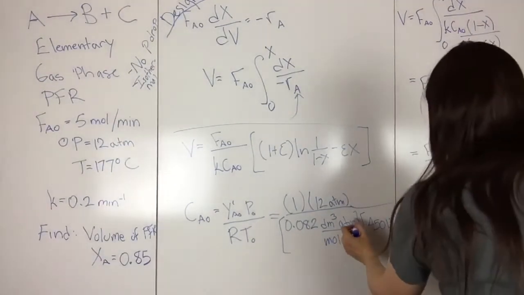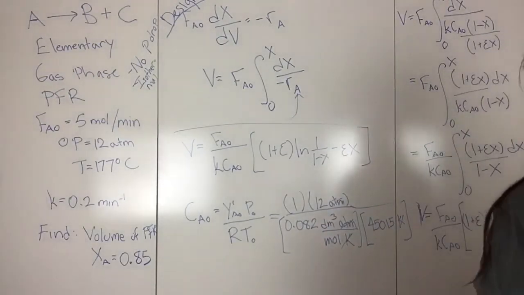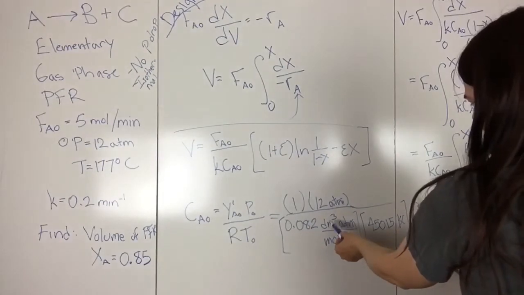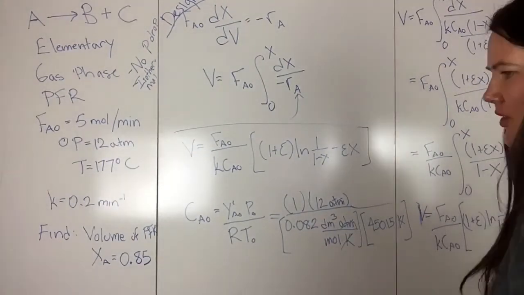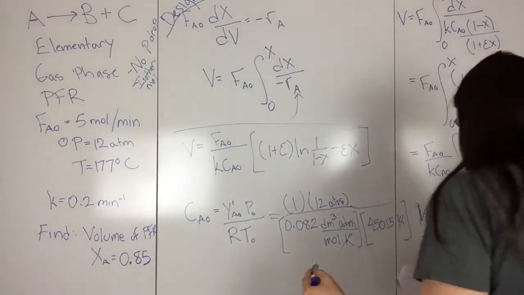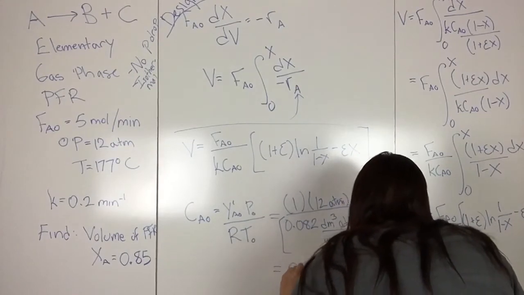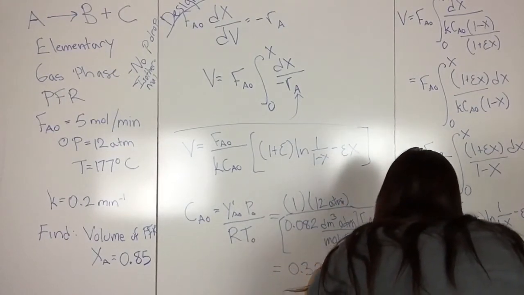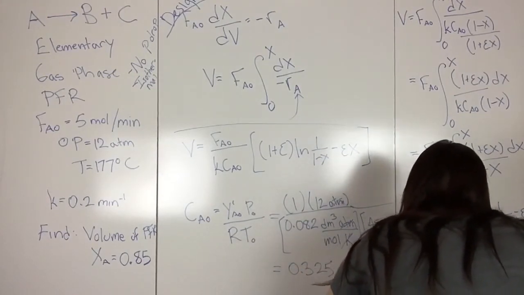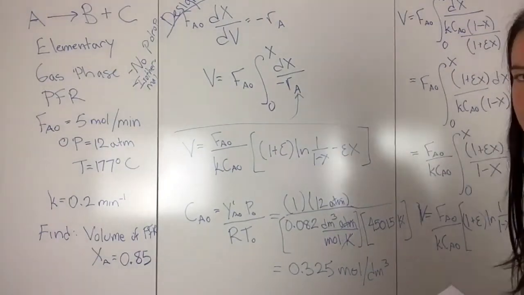If you cancel things out, you have mole per dm cubed, an amount per volume, which is a concentration. So you know that this is correct. This is equal to 0.325 moles per dm cubed.